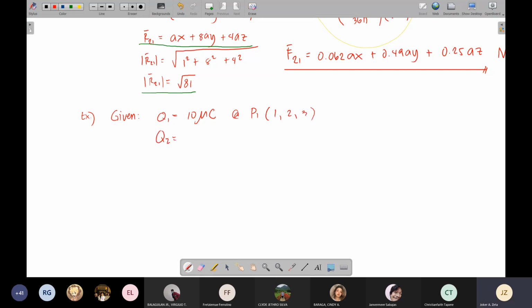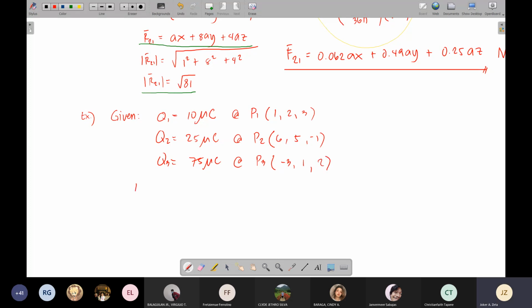Then let's say you have another, Q2, which is 25 microcoulomb at point 6, 5, negative 1. And lastly, you have Q3 which is 75 microcoulomb at point negative 3, 1, 2.